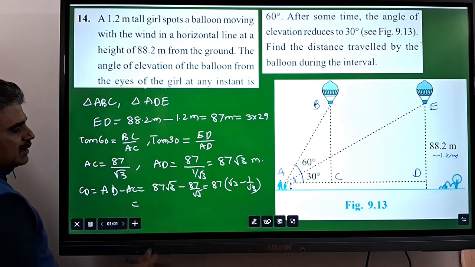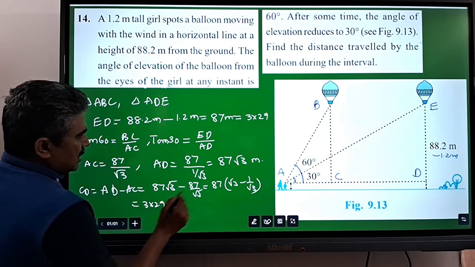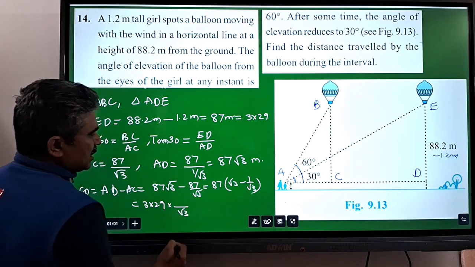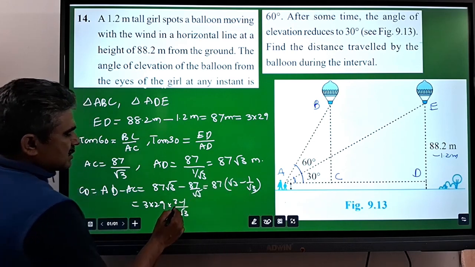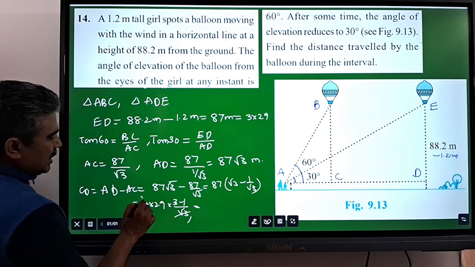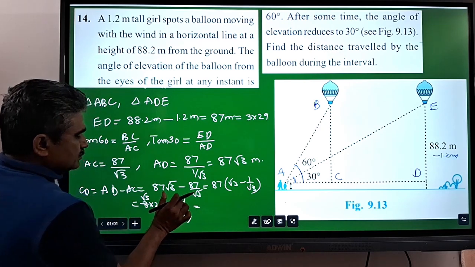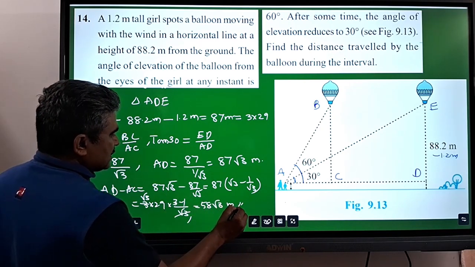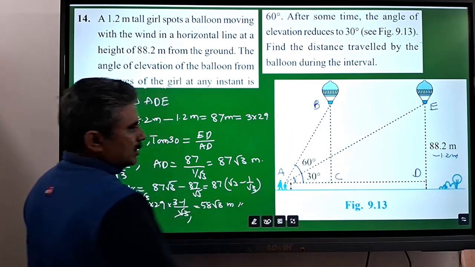If we simplify that, 87 can be written as 3 into 29, and by taking LCM you will have root 3 in the denominator, and root 3 into root 3 is 3, minus 1, which is 2. So the root 3 ones and 3 I want to cancel with root 3 times. So it will be 29 into 2, that is 58 root 3 meters, the distance traveled by the balloon from this point to that point.